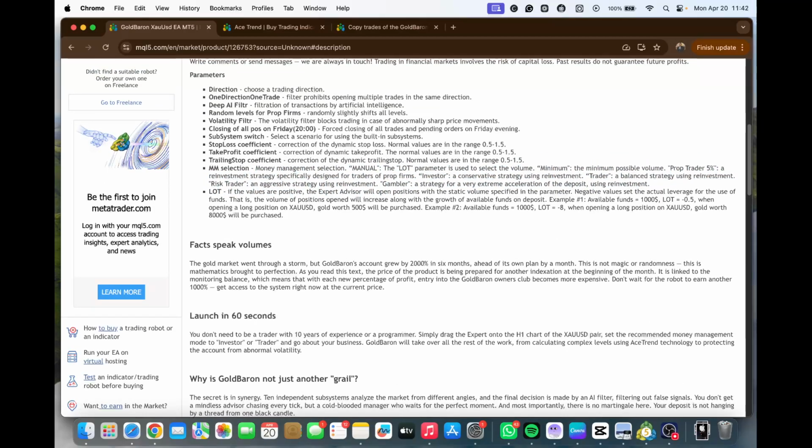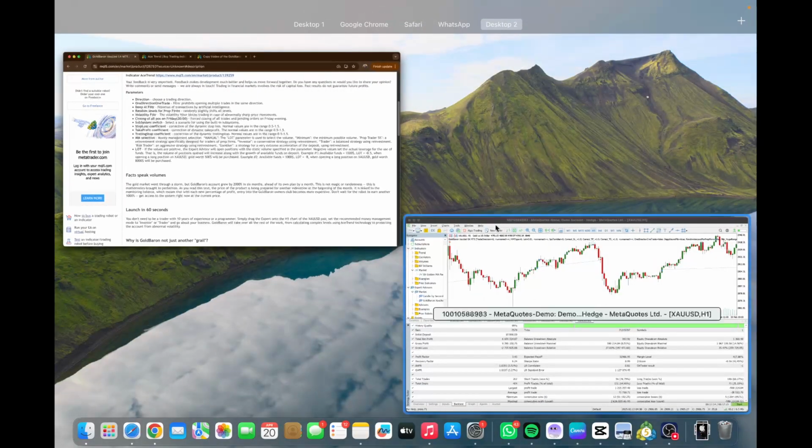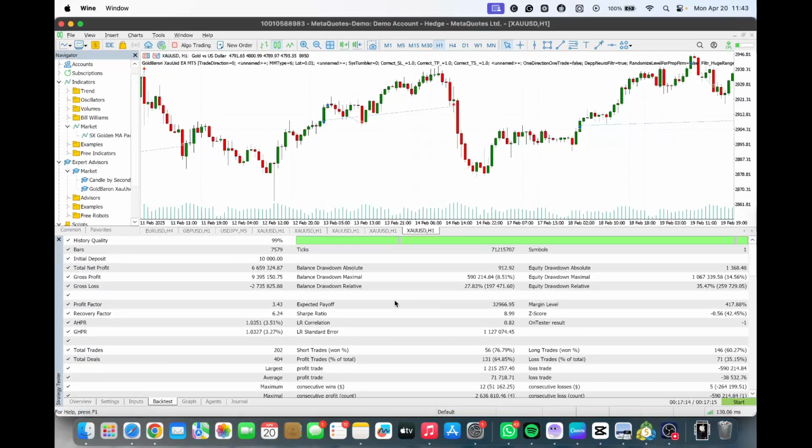Now I had the opportunity to run my own backtest from early 2025 to today, which is the 20th of April 2026, and it was on a $10,000 starting balance on a 99% modeling quality.